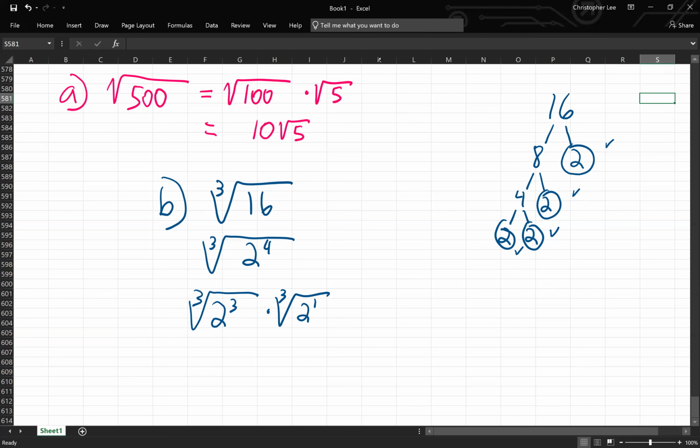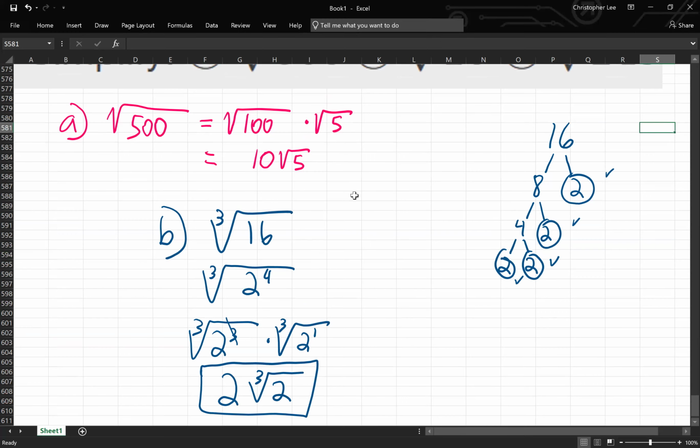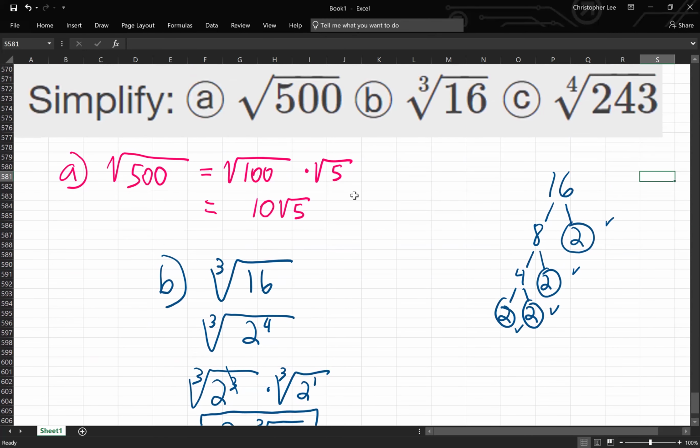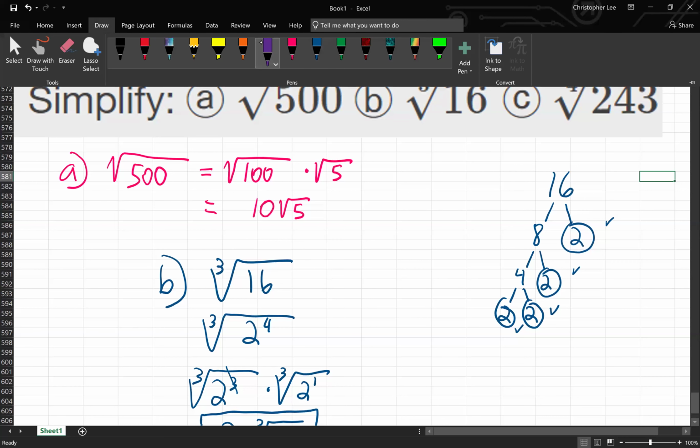The cube root of 2 to the third will cancel out, leaving back just a big 2 with the cube root of 2 to the first. This is my final answer. This is another way that you can do it if you don't know what the perfect index is.